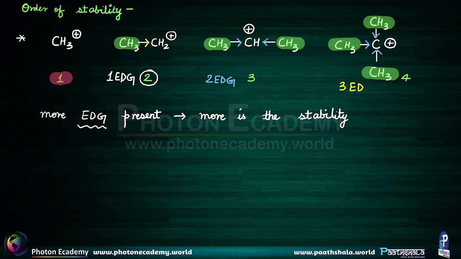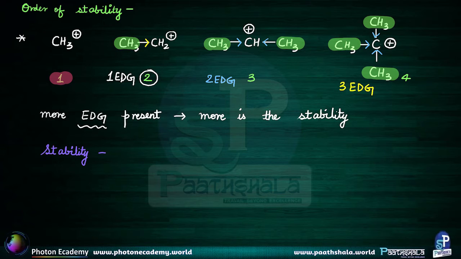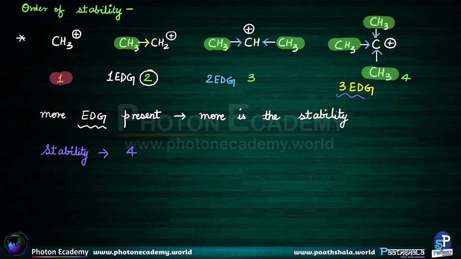So if I have to write the order of stability, which is directly related to the number of electron donating groups present, the fourth one will have the highest stability because electron density is being supplied by three electron donating groups.